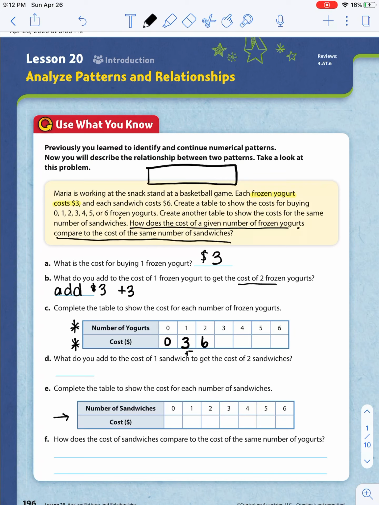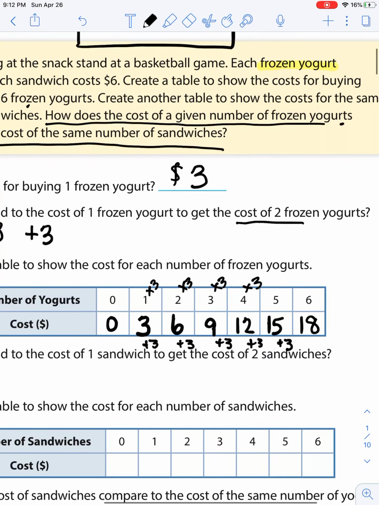So each time I'm doing a plus 3. 4 of them would be another plus 3. Another plus 3. And another plus 3. Which you'll also find is the answer to 1 times 3, 2 times 3, 3 times 3, 4 times 3, and 5 times 3, and 6 times 3. Okay?